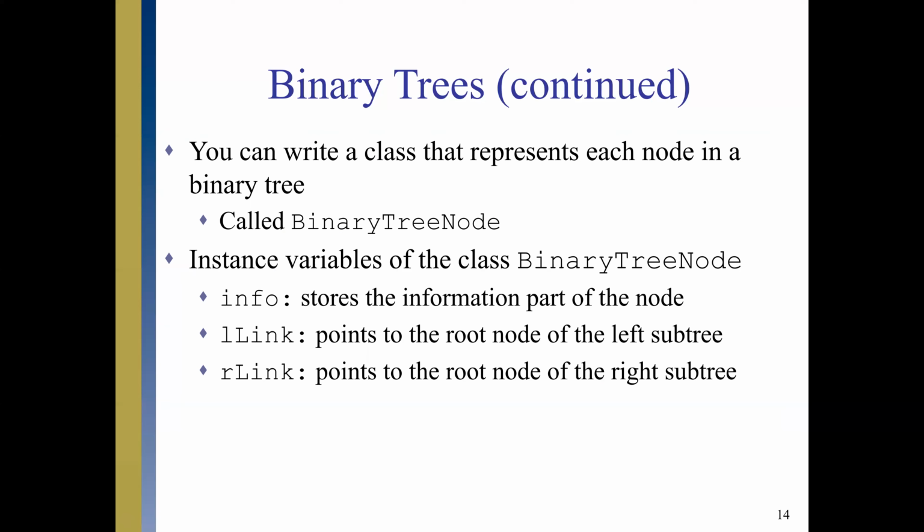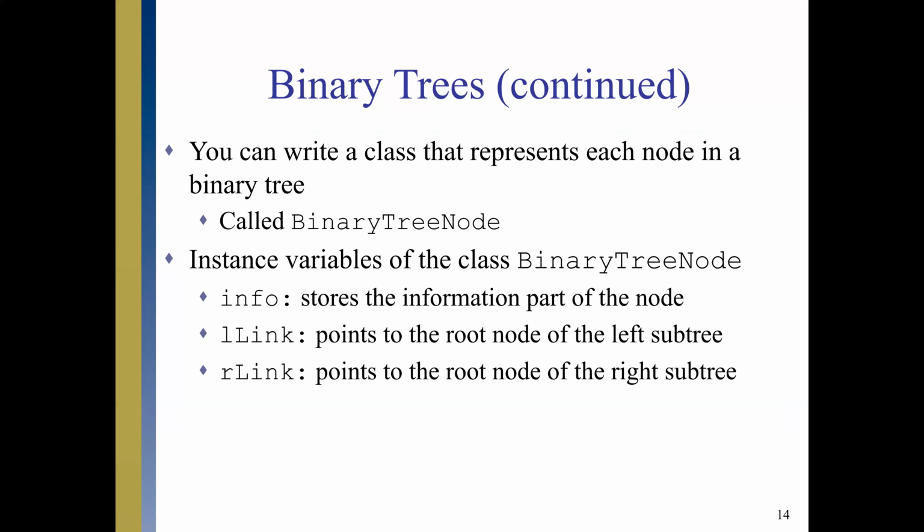So we had a node class, which was used by the stack. The same thing here. We are doing the linked list implementation of binary trees, so we're going to have the node class. Here we are calling it binary tree node. And these nodes are what we'll be using to create our binary tree.